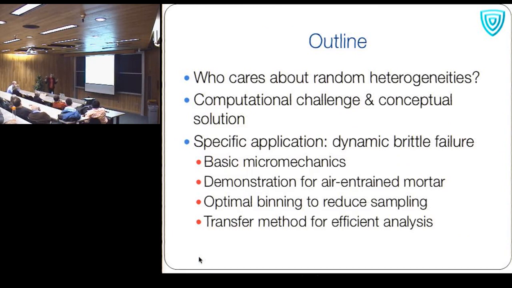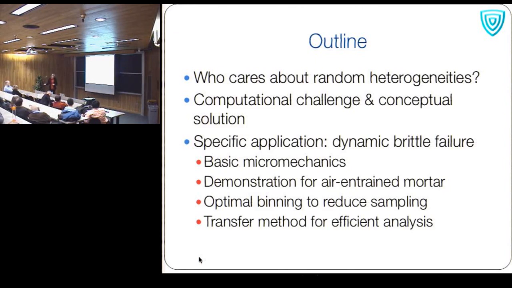I think I've tried to be general, but specifically what I'll talk about today is associated with dynamic brittle failure. And I'll introduce first the basics of a micromechanics model, skipping over a lot of the details, forgive me for that, and actually trying to present the simplest version of that basic micromechanics model, knowing that there are other extensions and more complex versions of it that are out there, but just to get the idea across.